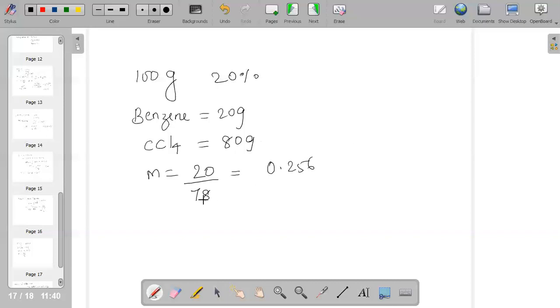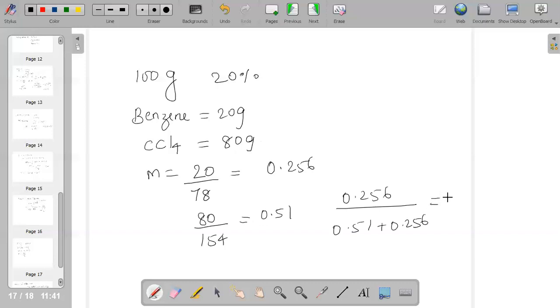For CCl4, given mass is 80 and molar mass is 154, which gives 0.51. Now the mole fraction of benzene is 0.256 divided by 0.51 plus 0.256.